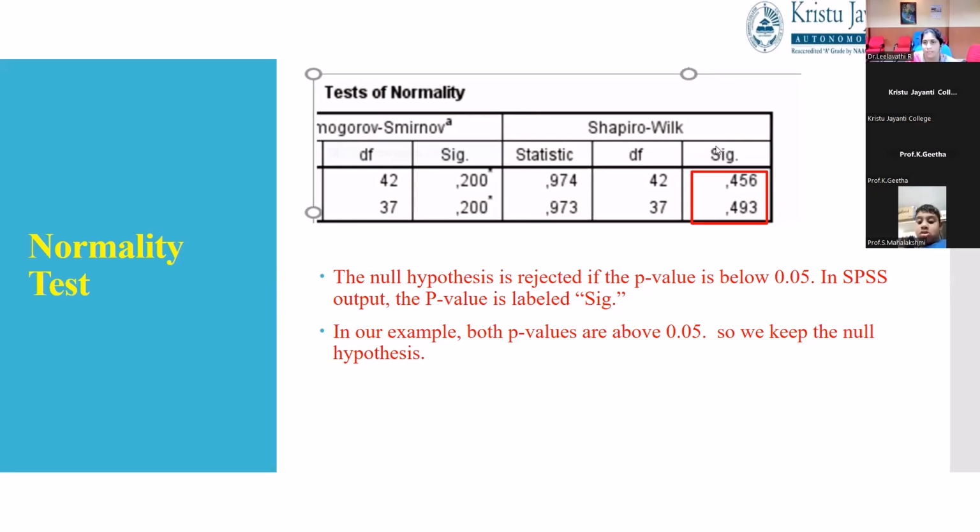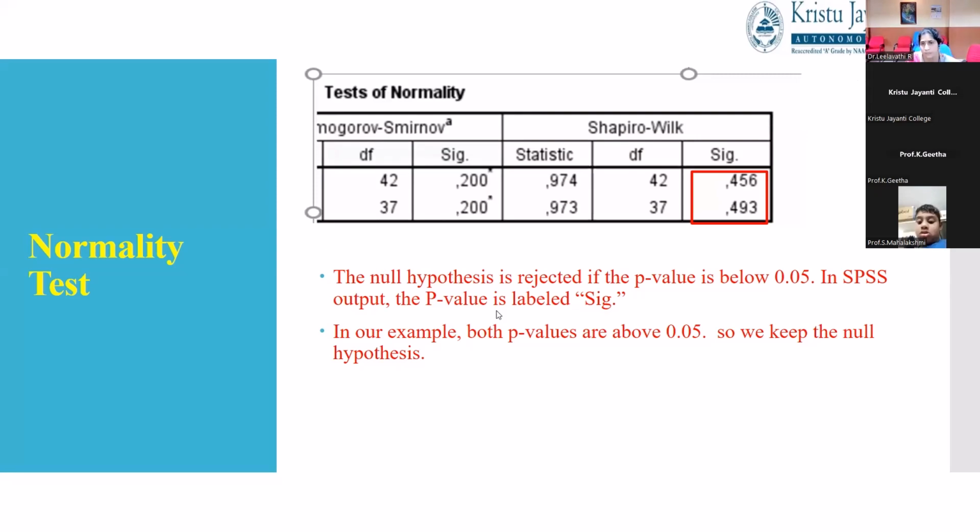In SPSS we say significance value, but statistically we say p-value. If the p-value is less than 0.05, we reject the null hypothesis and accept the alternative hypothesis. Here our p-value is more than that, so we are accepting the null hypothesis, which means our data is normally distributed, so we can go for further testing of our hypothesis.